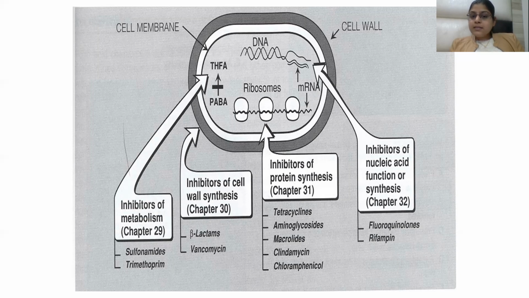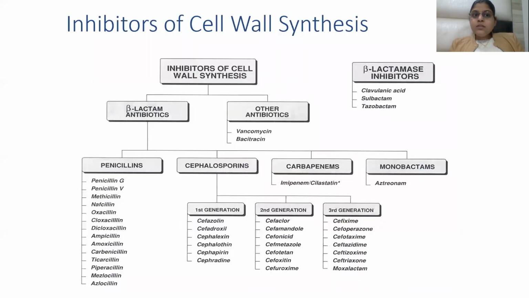Inhibitors of protein synthesis are tetracycline, aminoglycosides, macrolides, clindamycin, and chloramphenicol. Inhibitors of nucleic acid synthesis, acting on DNA gyrase, are fluoroquinolones and rifampicin. The inhibitors of cell wall synthesis, the beta-lactam antibiotics, can be divided into penicillins, cephalosporins, carbapenems, and monobactams.